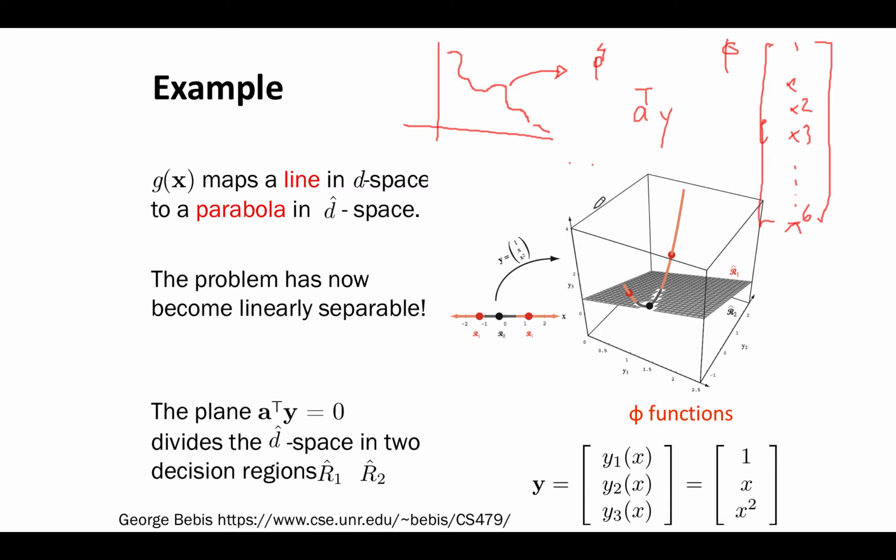It's some constant times 1 plus some other constant times x plus some other constant times x square plus some other constant times x cubed. So if those polynomial functions get into y, then the weights are nothing but linear weights on those polynomials. And therefore, that's a proof. You give me no matter what complicated boundary, I can always push it into a higher dimensional space and separate it with a linear hyperplane, with a separating hyperplane in that higher dimensional space, always possible.